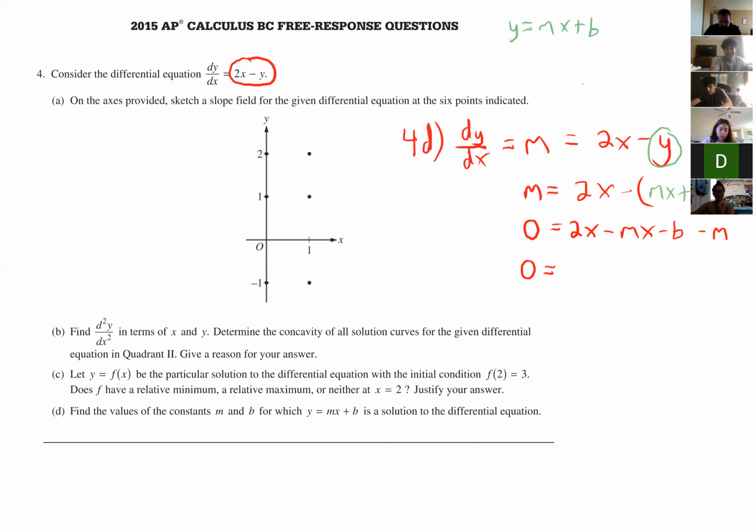For these first two terms, I can factor out an x. When I factor out an x, I'm left with 2 minus m. And then I'm going to factor out a negative 1 here, and that's going to leave me with m plus b if you switch the order.